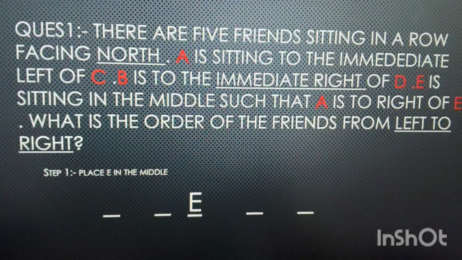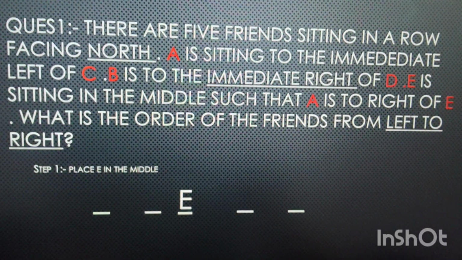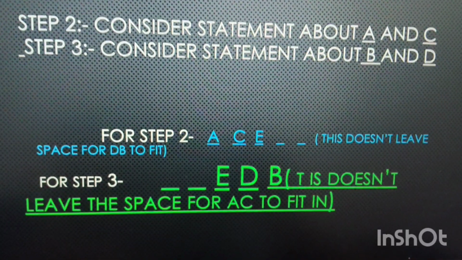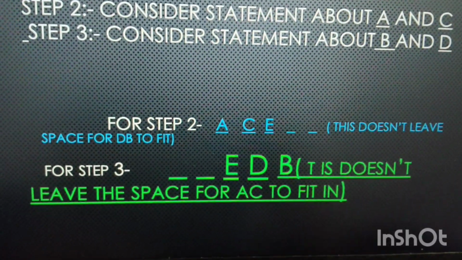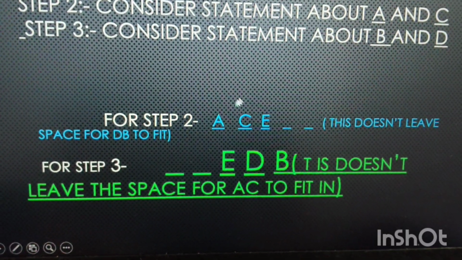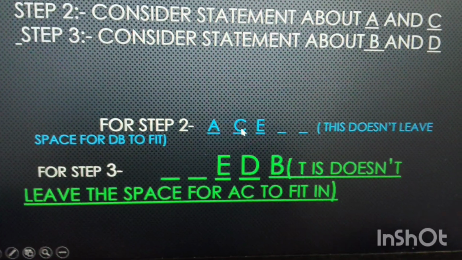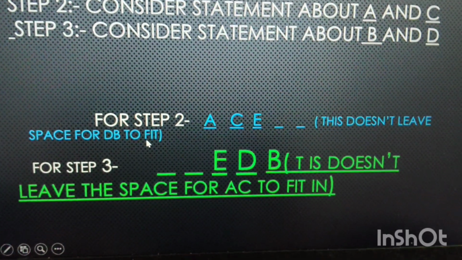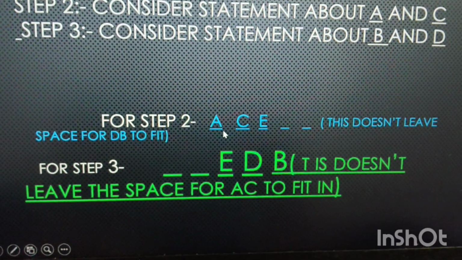Then the main line of the question is E sitting in the middle such that A is to the right of E. So consider this statement very carefully now. If we place A and C to the left of E, then B and D would not be able to fit in.